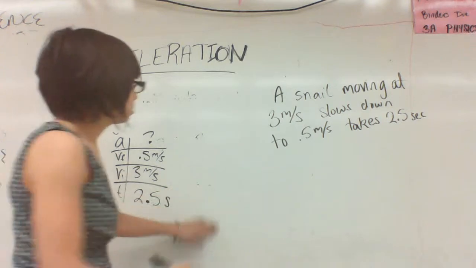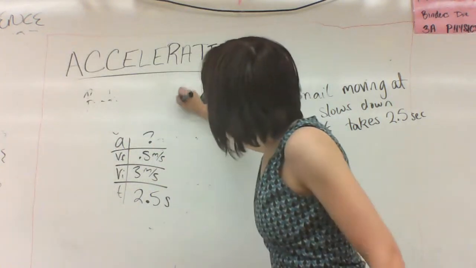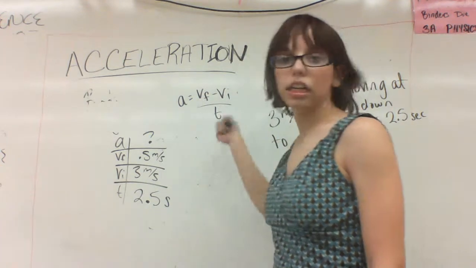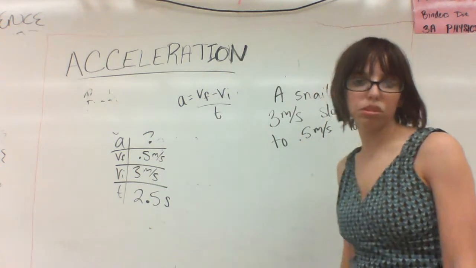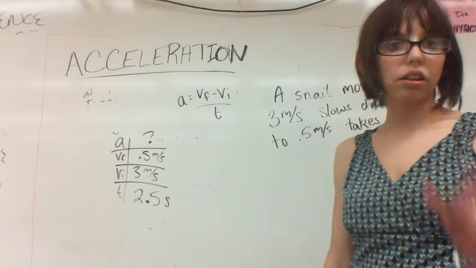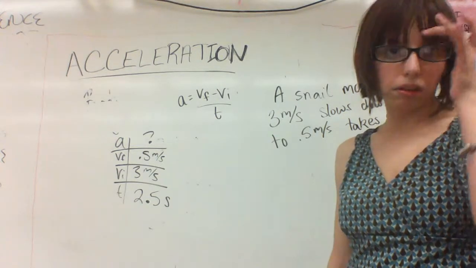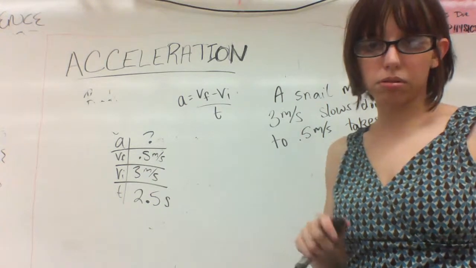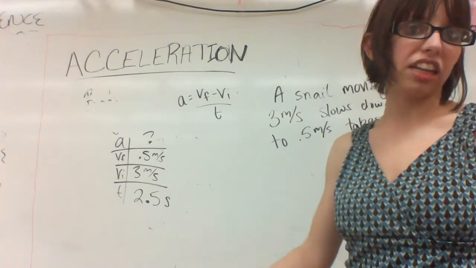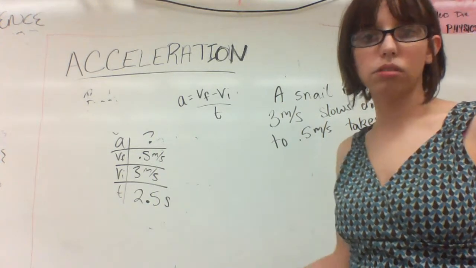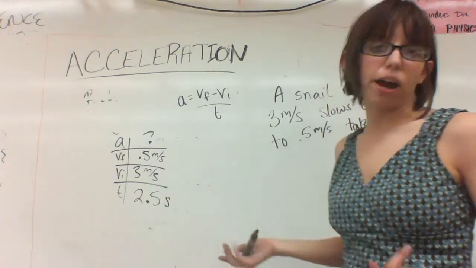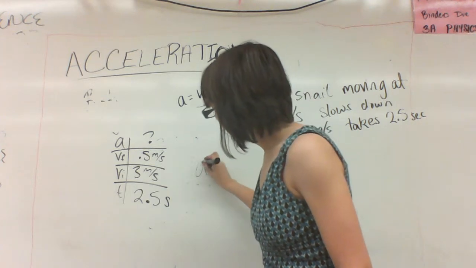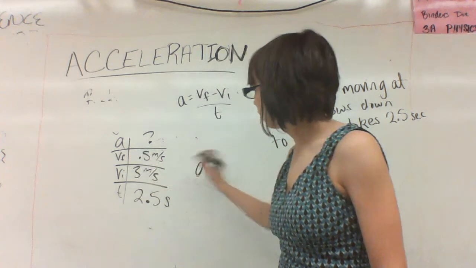Let's plug it into the equation. I like to write the equation down in its unsubstituted form in my problems, because that way I see all the little details in it. Some equations that we're going to use have squares and square roots and all that other stuff. And if you forget that little detail, you're going to get the wrong answer. It's good practice. It's good habit. So I don't know A. VF.